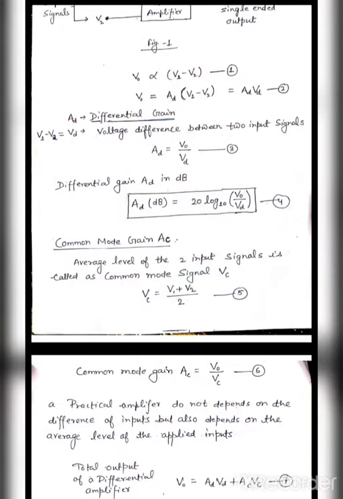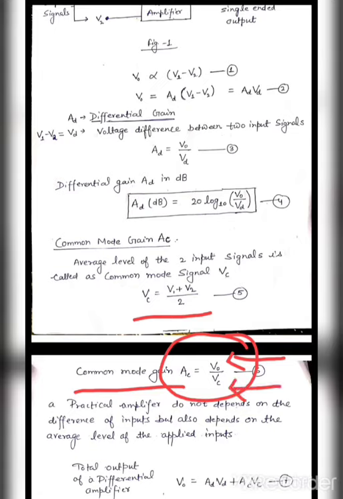So if the average level of the two input signals, called common mode signal VC, is represented here, VC equals V1 plus V2 by 2, then the common mode gain is defined as AC equals V output over VC. Here V output is the output voltage and VC represents the common mode voltage or common mode signal.